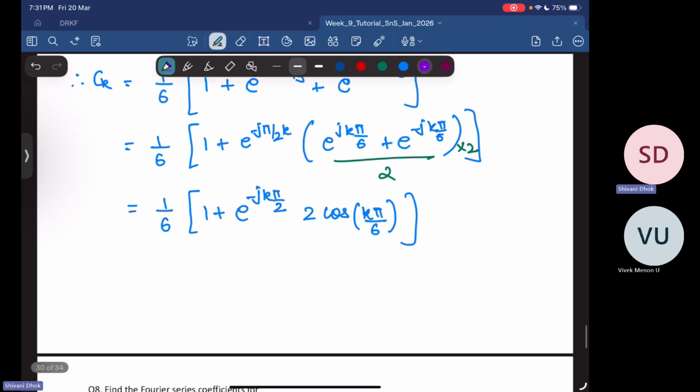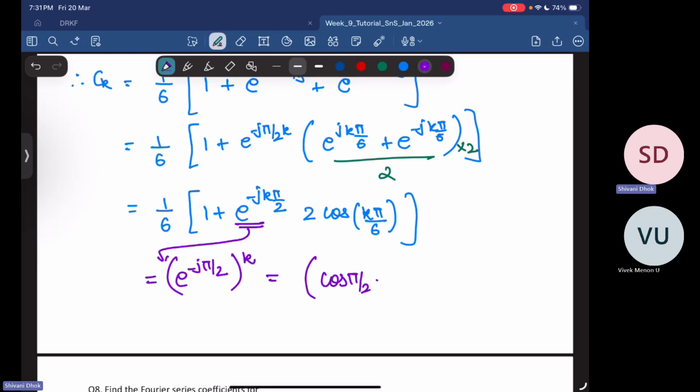Okay, now let us try to simplify this particular thing. e power minus j k pi by 2. I can write this as e power minus j pi by 2 whole to the power k, which is equal to cos pi by 2 minus j times sin pi by 2 whole to the power k. Cos pi by 2 is 0 and sin pi by 2 is 1. So this will give me minus j to the power k.